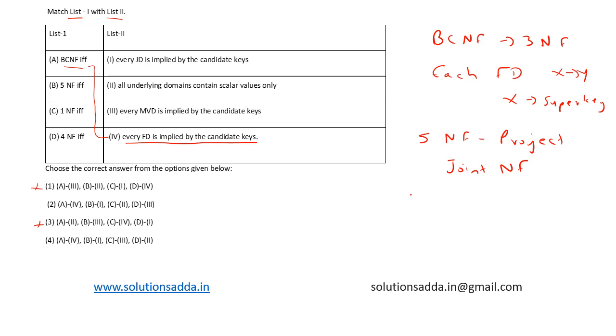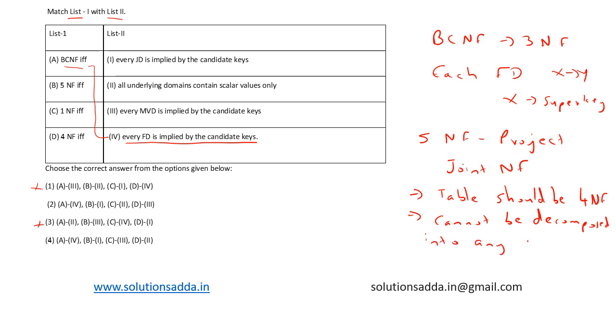So the basic criteria is, first, the table should be in 4NF, and second criteria is it cannot be decomposed into any number of smaller tables without data loss.